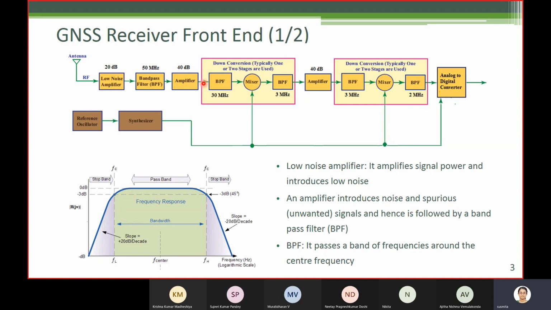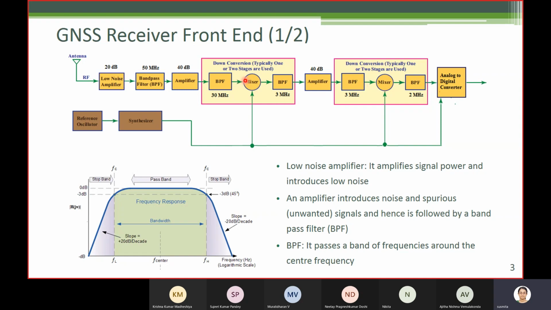In case of IRNSS, we have L5 and S. L5 is 1.175 gigahertz, and S is roughly 2.4 gigahertz. At the output, it will be a few tens of megahertz, depending on the design, and then this will be further down converted to a few megahertz.